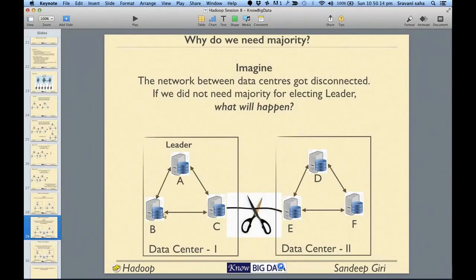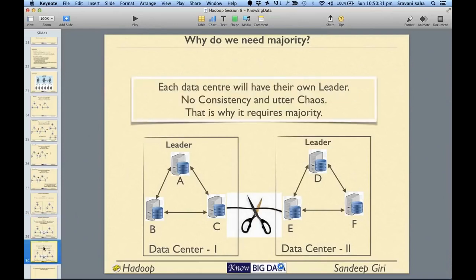There are 3 nodes this side, 3 nodes this side, and if we did not have this 50% rule and we said whatever nodes are available, select a leader and keep working, then data center 1 will choose its leader and data center 2 will choose its leader.